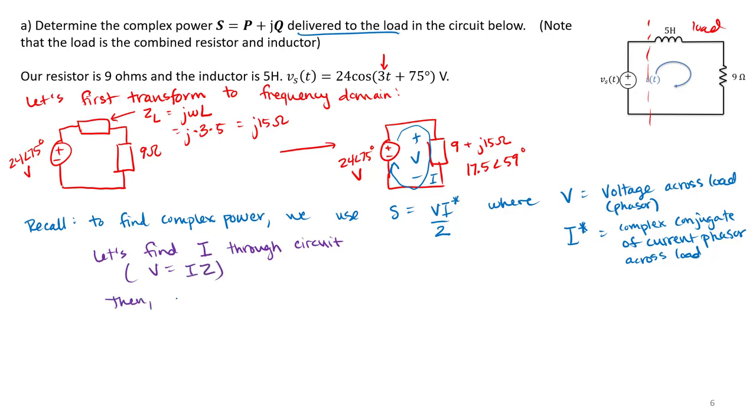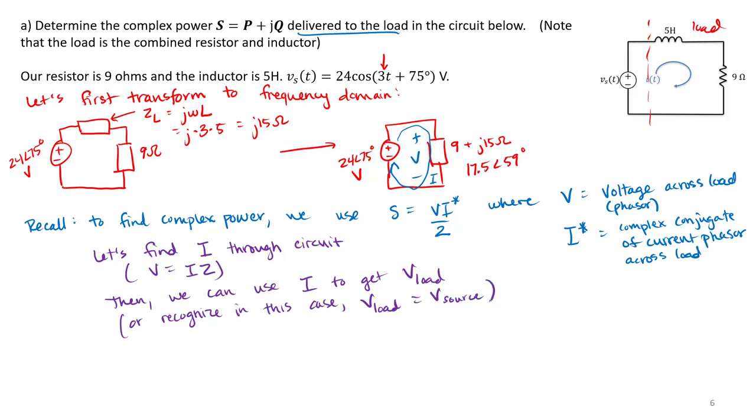And then we can use that current I to get V load. Or in this case, since our load is the only thing in series with our voltage, V load is the same as the voltage from our source.